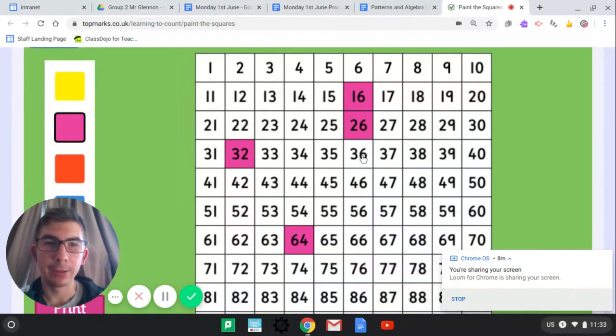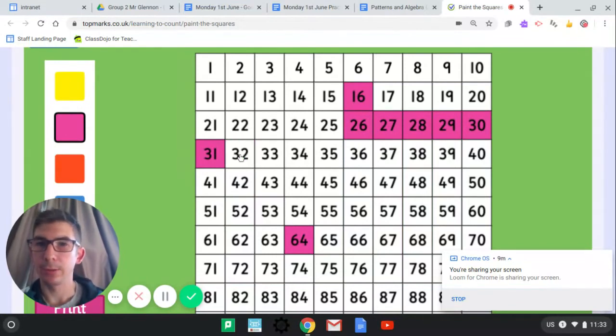Add another 10 is 36. But I'm adding 16. So I'm just going to add on 10 and then add on 6. 10, 1, 2, 3, 4, 5, and 6. 32. So that's correct.